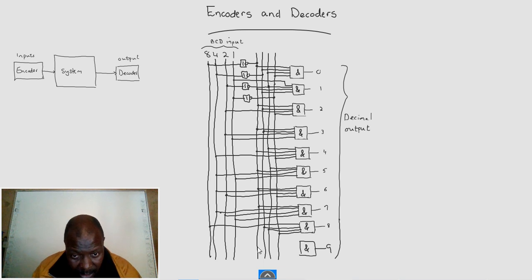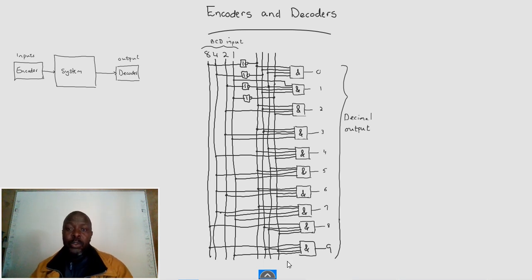Okay, now finally the 9 is 8 and 1, so that will be 8 and 1. And then the 4 and the 2 are inverted. So I hope this was not too much.